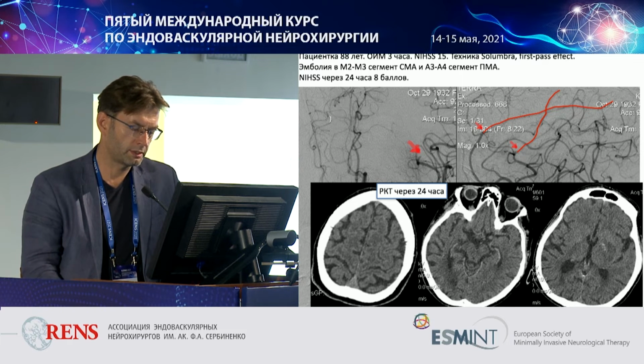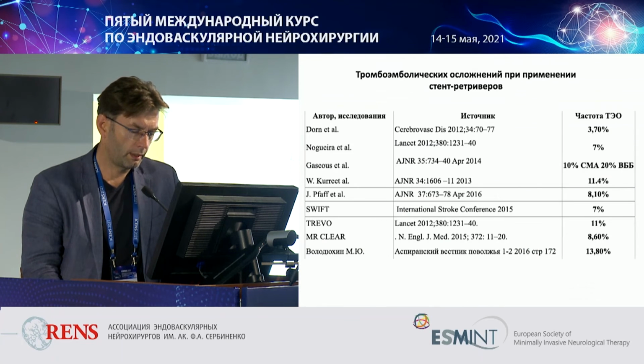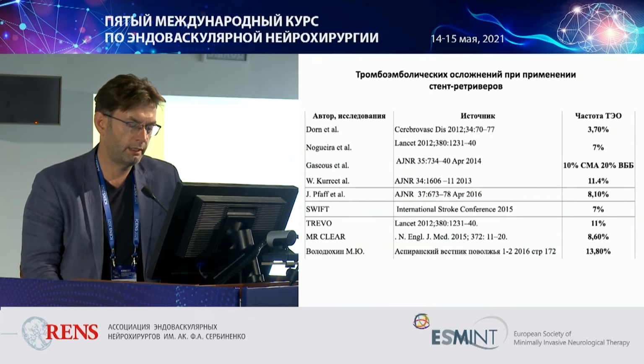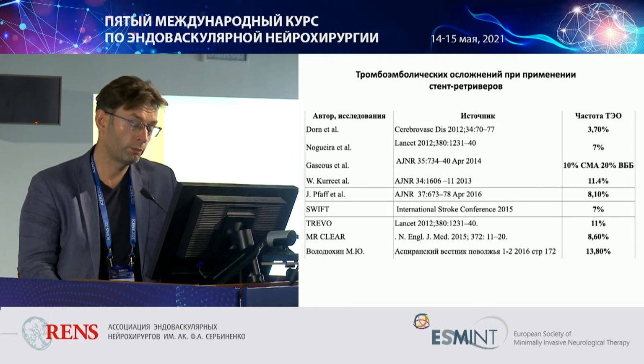And we were right in this case because the patient's neurological deficiency regressed in a fast way and no ischemic zones appeared. So, most likely, the collateral blood flow compensated the damage.